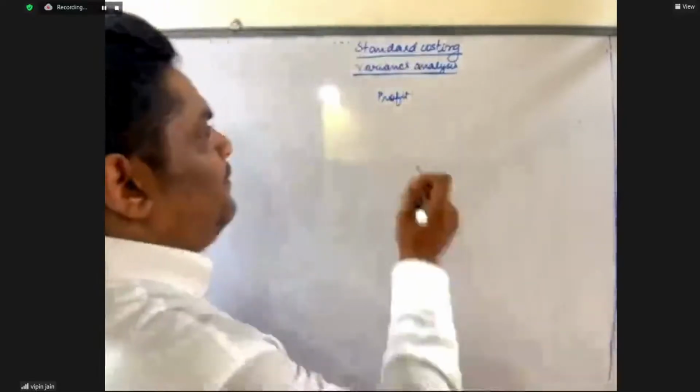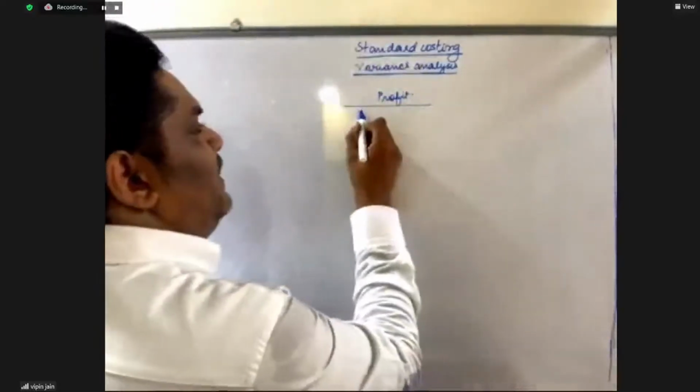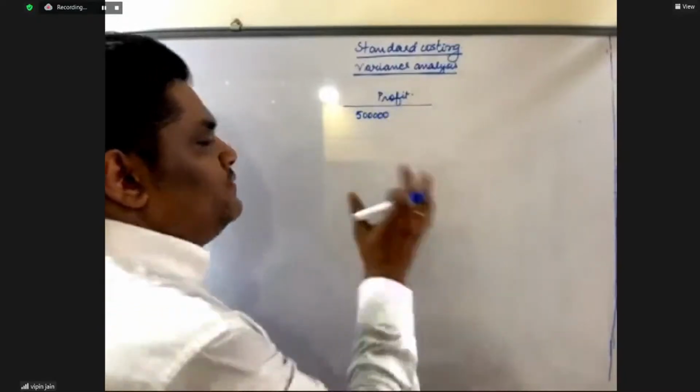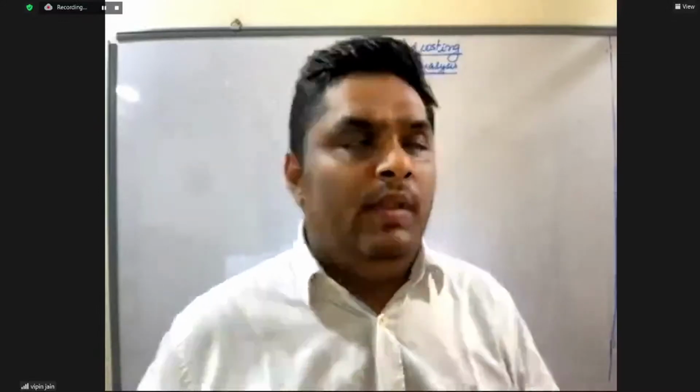So this was my target profit, and this was the target set that I'm providing you. I'm providing you ample man, machinery, material, and accordingly, I should get a profit of rupees 5 lakh.